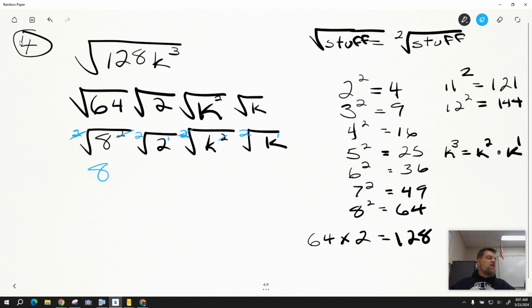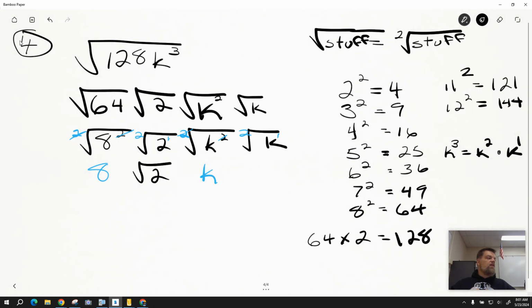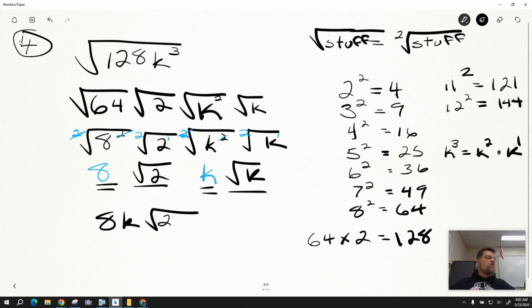So this just becomes 8, this just becomes k, and everything else we can't simplify, we just leave alone. So this is root 2 times square root k. And then we combine like terms. Anything that's a square root we can put together, and anything that's been taken out of the square root we can put together. So the final answer is 8k square root 2k.